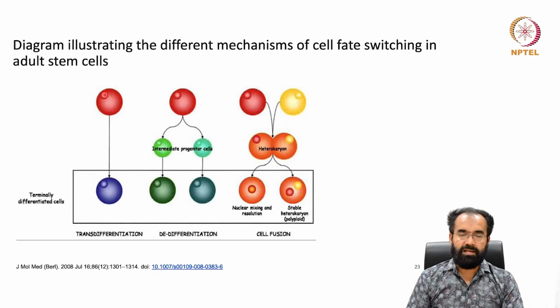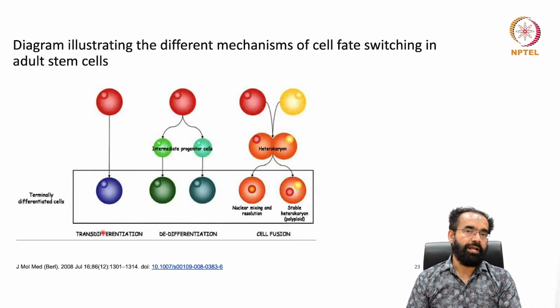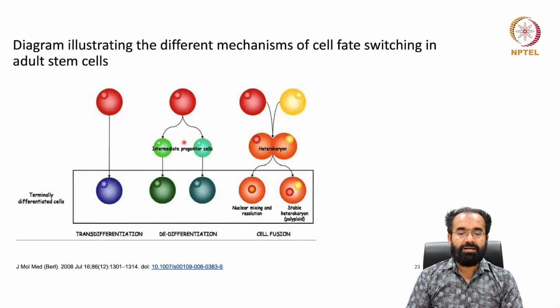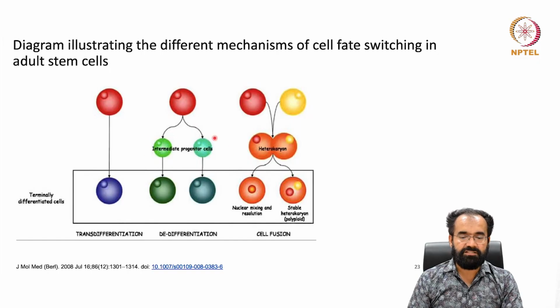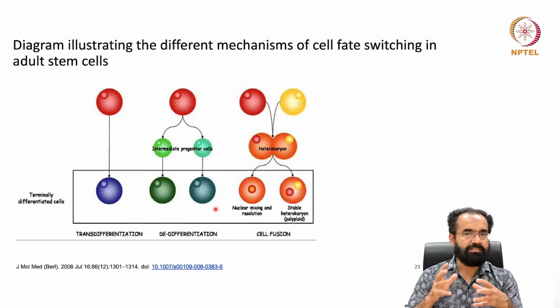So you have one cell, a stem cell, and say I name this A and it became B. B is terminally differentiated, but that is done via trans-differentiation. But then there is the same cell that can have an intermediate progenitor cell and give rise to cell A and cell B, two different cell types, and this is called de-differentiation. And this happens in the retina. The Muller glia de-differentiate and then give rise to the rest of the neurons.